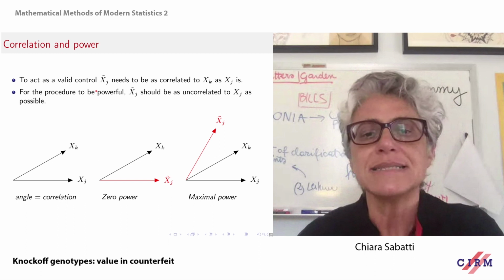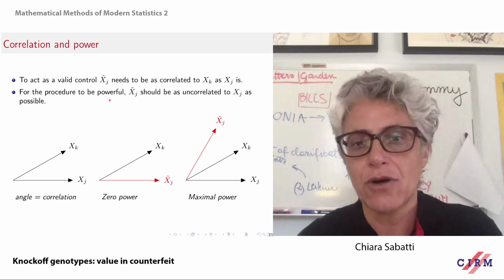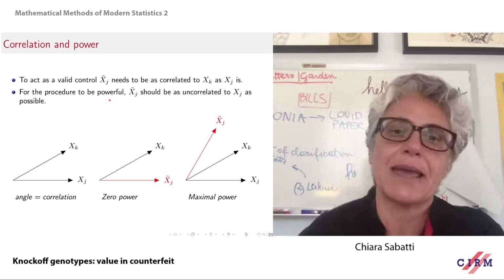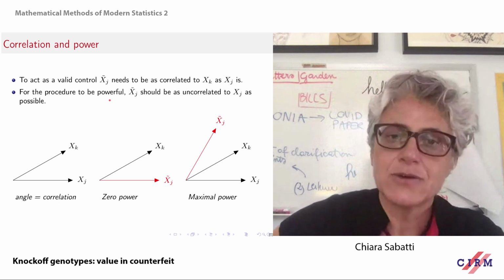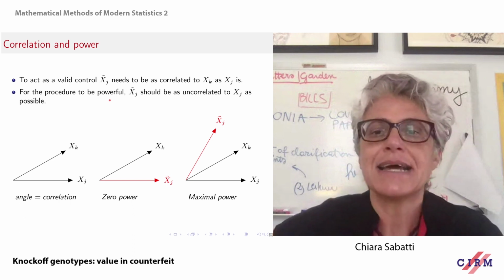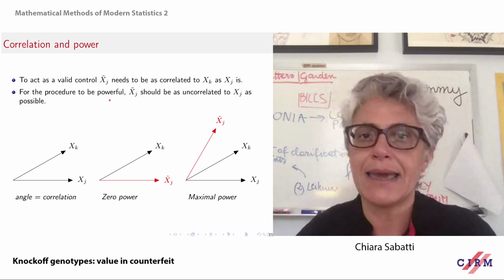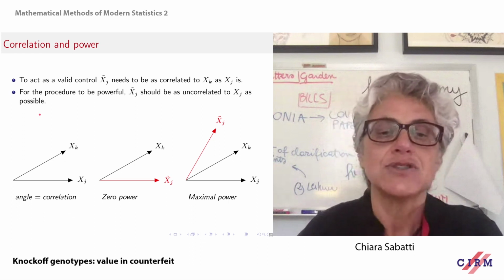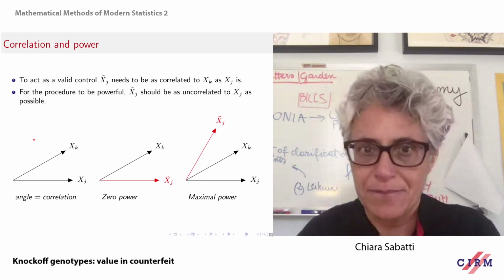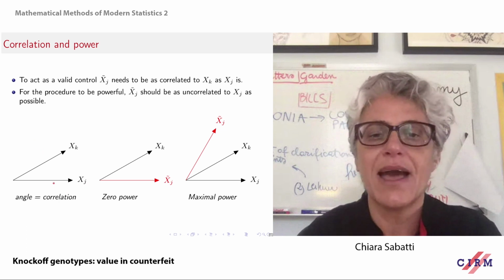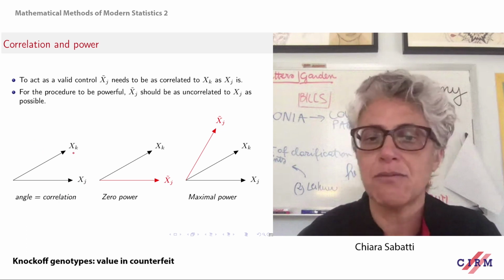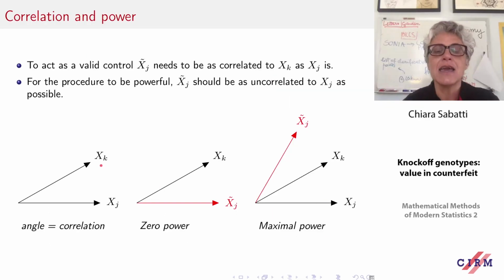So say that we want to create a knockoff for variable xj. To act as a valid control, our xj tilde needs to be as correlated to any other xk as xj is. So let's represent correlation with angles. We have our original xj and one other variable xk. We need to construct a knockoff variable xj tilde that has the same angle with xk.